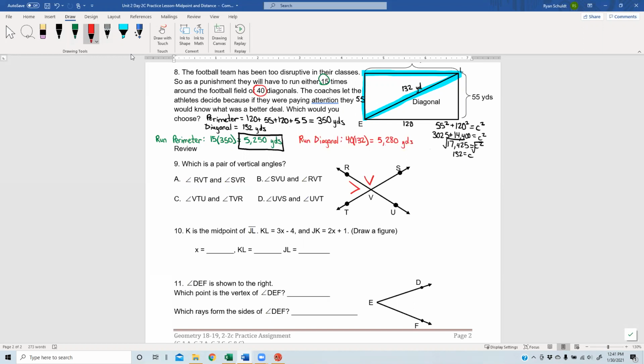No. Vertical angles are on opposite sides of the x. So no, A is not. Okay, B, SVU and then RVT. Are those vertical? Yeah, they are. So let's not cross them out.